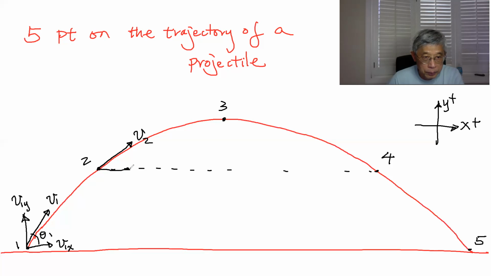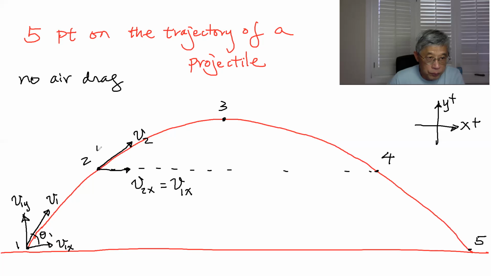Call that one V2x. V2x will be the same as V1x if there's no air drag. So we say no air drag. And then V2y. V2y is here, and V2y will be less than V1y.